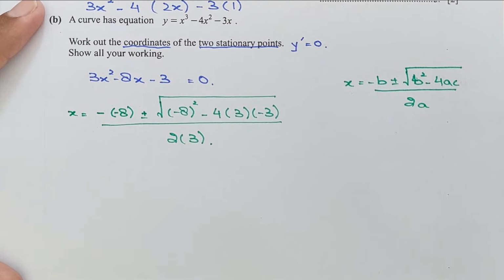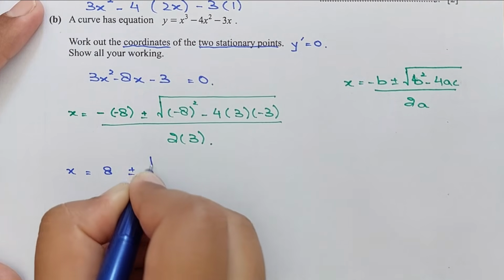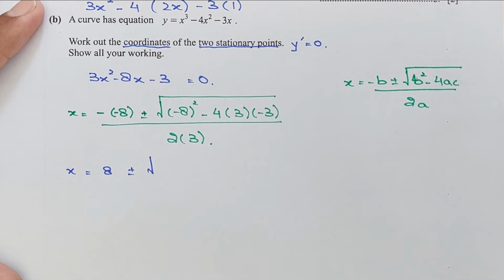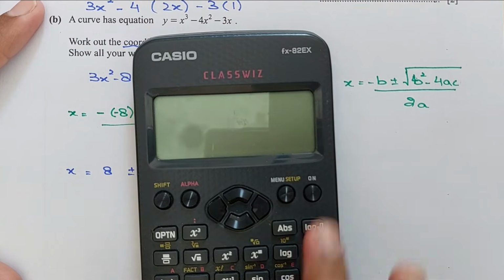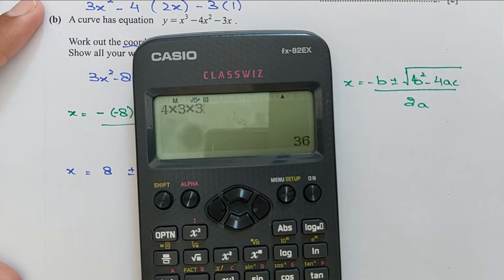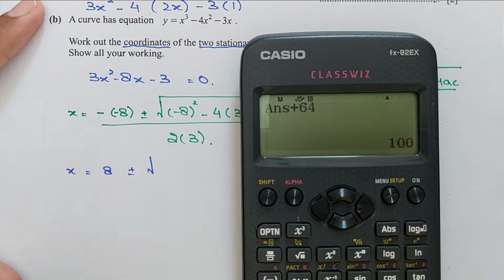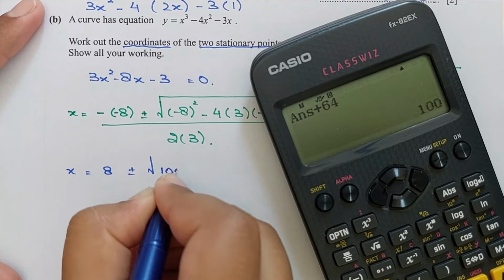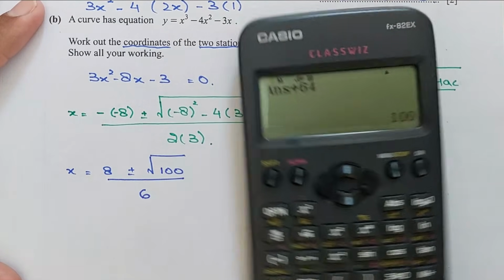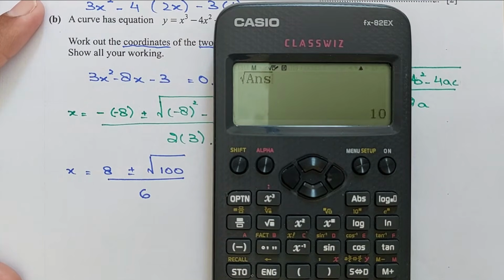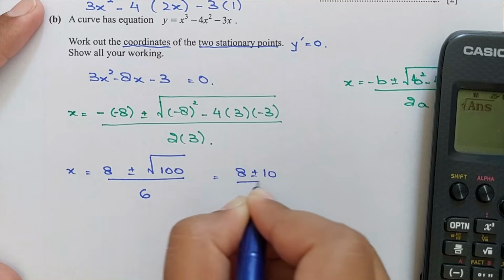Let me simplify. In the next step, we have x equals 8 plus or minus the square root of, negative times negative is positive, 4 into 3 into 3 is 36, plus 8 squared is 64, that is 100. The square root of 100 is 10, divided by 2 times 3, which is 6. So this is 8 plus or minus 10 divided by 6.